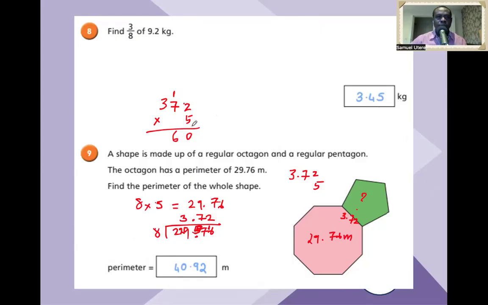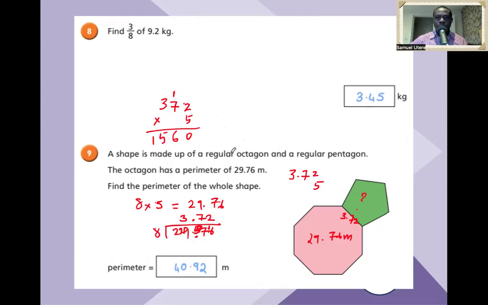All right, let's carry on. I think something is wrong. 5 times 3 is 15.